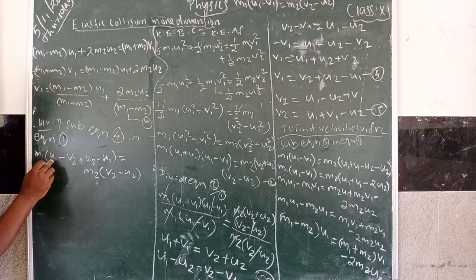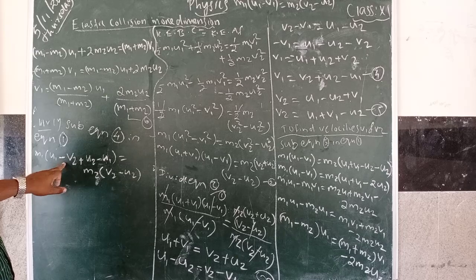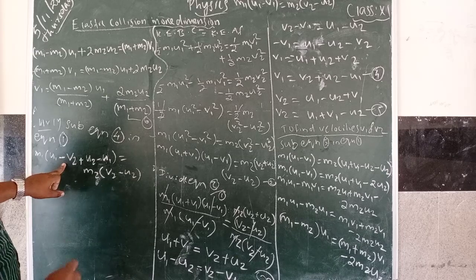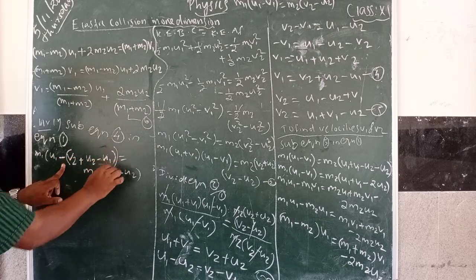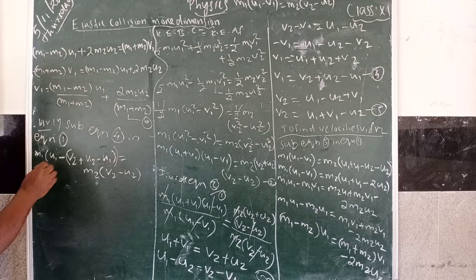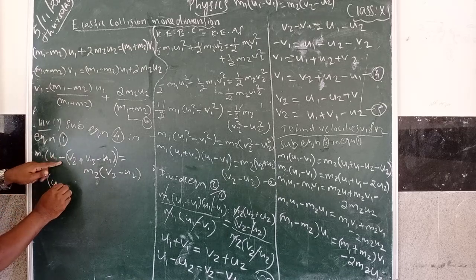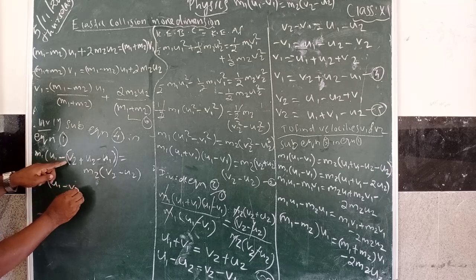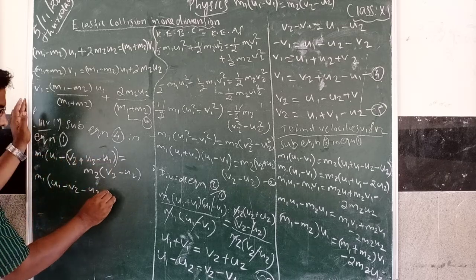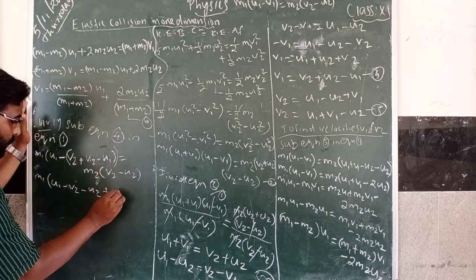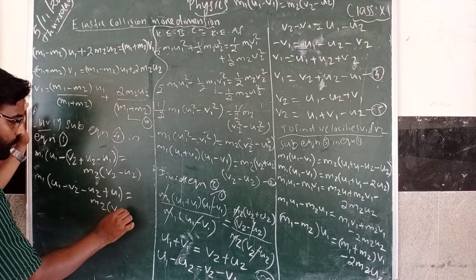Now the same thing, u1. So here u1 minus, put the bracket or else you will get a wrong answer. u1 minus v2 plus. So m1 into u1 minus v2 minus into plus minus u2 minus into minus plus, so plus u1 equal to m2 into v2 minus u2.